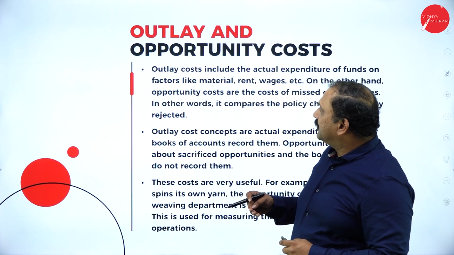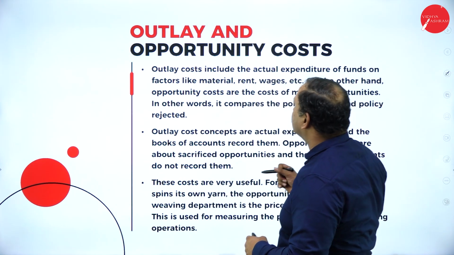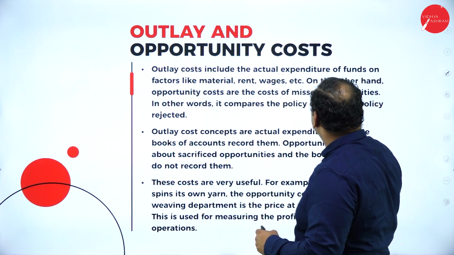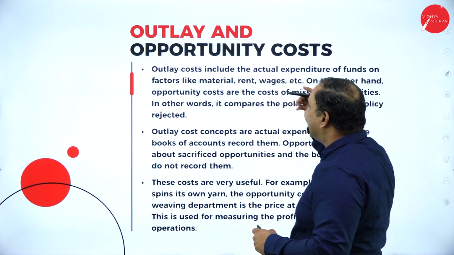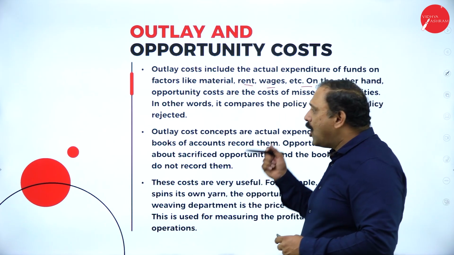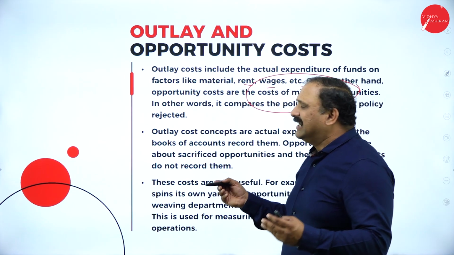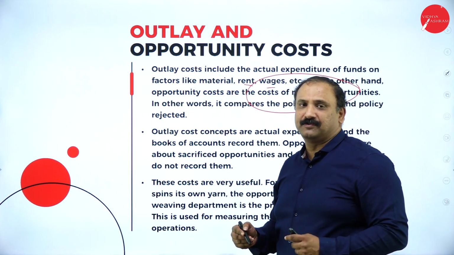Now, moving further, we're going to talk about the outlay and opportunity cost. Now, outlay cost includes actual expenditures on the factors like material, rent, wages, etc. On the other hand, opportunity cost are the cost of the missed opportunities. In other words, it is compared to that of one that was rejected.